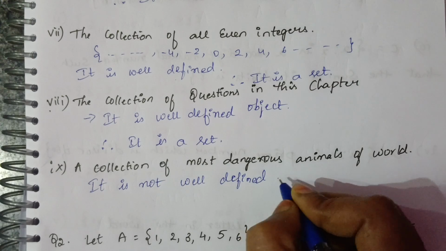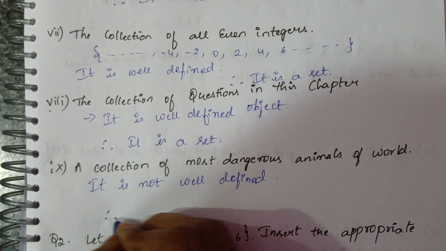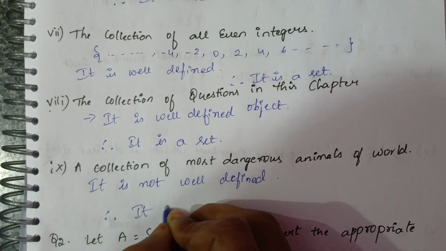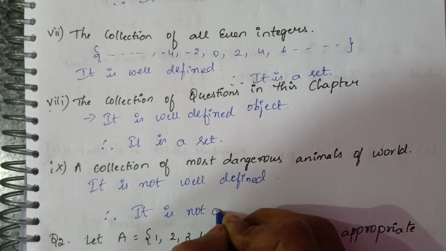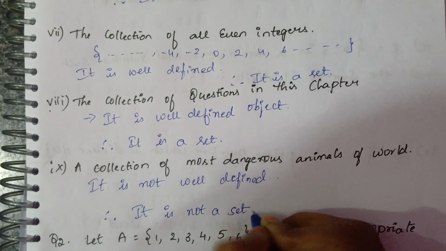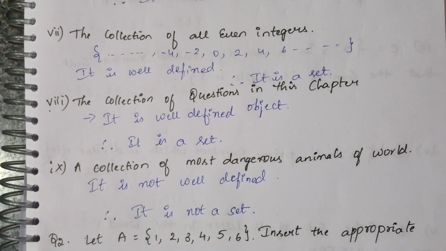It is not well defined. Therefore it is not a set. Most dangerous differs for different people; they will say different animals are dangerous for them. So it is not well defined and it is not a set.